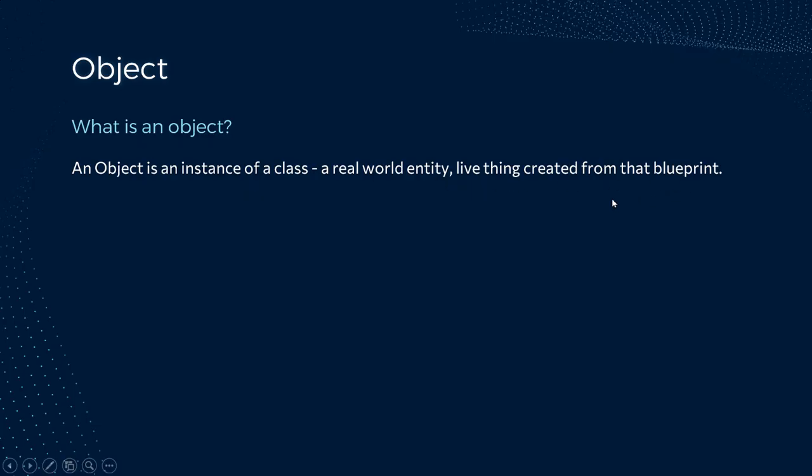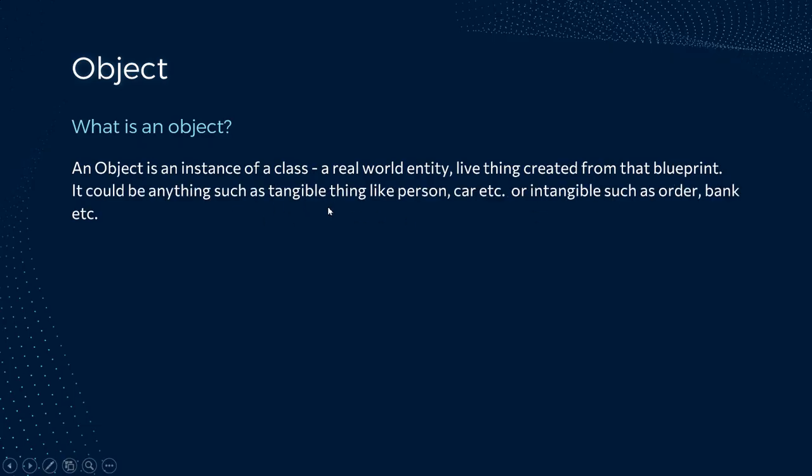It could be anything, such as a tangible thing like a person, car, etc., or intangible such as an order, bank, etc. Tangible means the physical things that you can touch, and intangible means you cannot touch it. For example, when you imagine something, or when you place an order, or a bank account, these are all intangible things. So an object could be anything around you, if you see it, if you think about it, or even if you feel it, that could be an object.